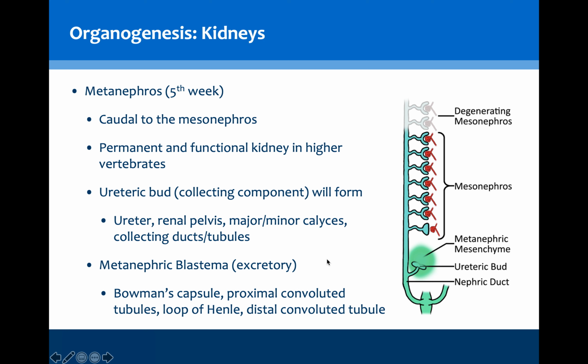The metanephric blastema is where the significant role of the kidneys in homeostasis can be seen, through the excretion at the Bowman's capsules, the reabsorption and exchange at the proximal tubules, the loop of Henle, and the distal convoluted tubule. Here you can see this ureteric bud growing into a metanephric blastema.